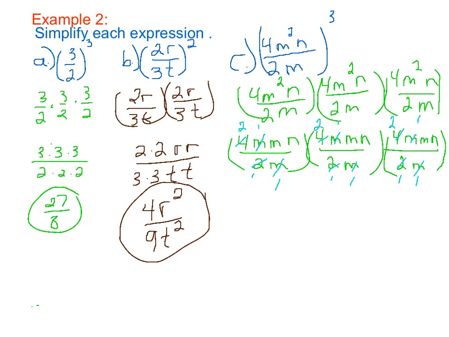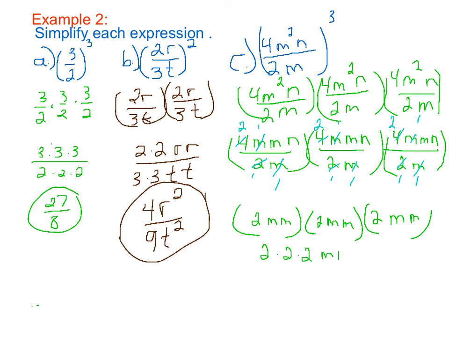We've got 2m times m times 2m times m times 2m times m. When you rearrange this, we get 2 times 2 times 2, and then we've got all these m's multiplied by each other. That becomes 8. That becomes m to the 6th.